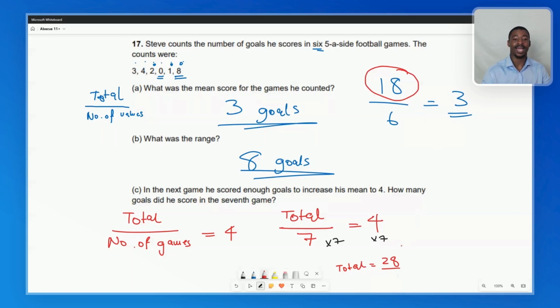So knowing that, how many goals must Steve have scored in the 7th game? It has to be 10. That's the only way to increase our total enough to increase our mean to 4. And that's how we work it out. 10 goals is our answer.